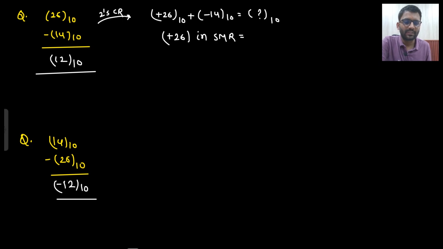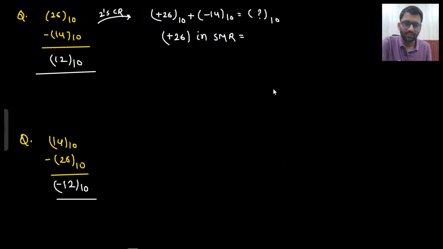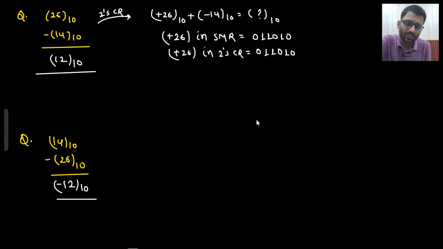So what would be 26? Here we have written it, right? 0 1 1 0 1 0. Plus 26 in 2's complement representation is 0 1 1 0 1 0.